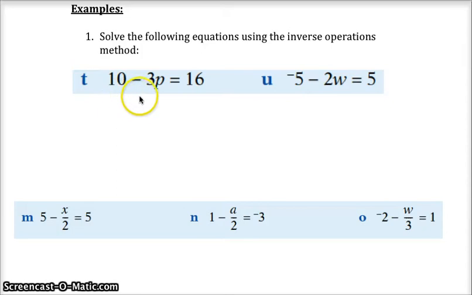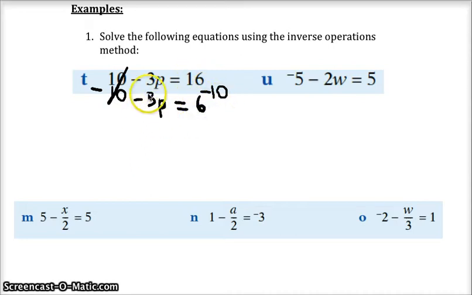My first step is to get rid of this 10 because we want to try and get p by itself, or at least get minus 3p by itself. Because this 10 is positive, I'm going to do the inverse operation to both sides, in other words the opposite. So I'm going to minus 10 from this side, and minus 10 from this side. 10 take away 10 is 0, and I'm left with minus 3p on this side. 16 minus 10 is 6, okay?